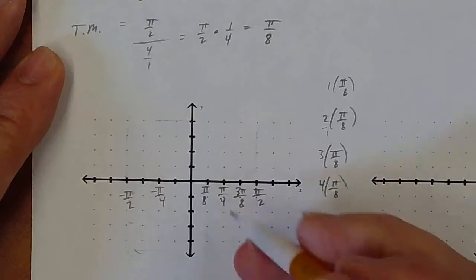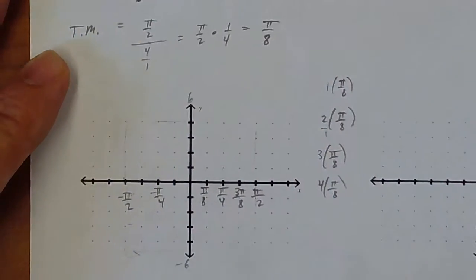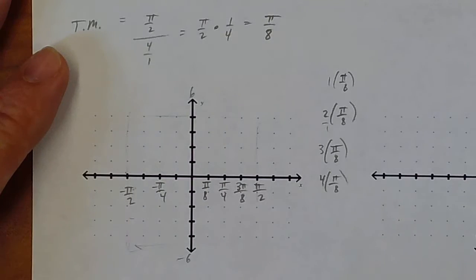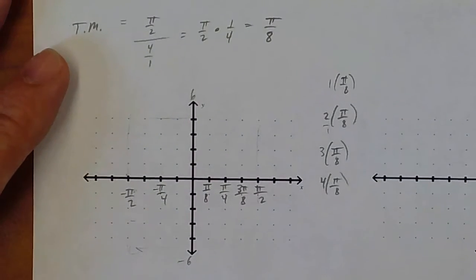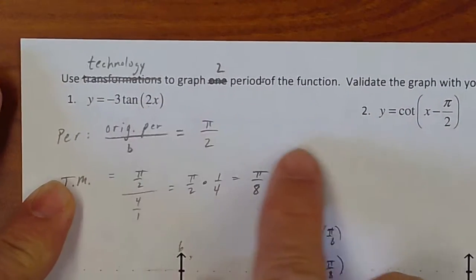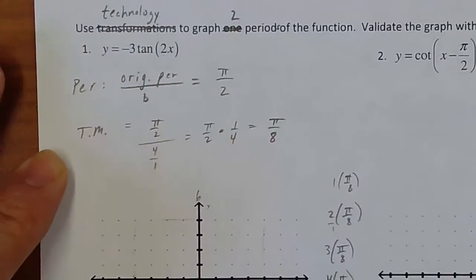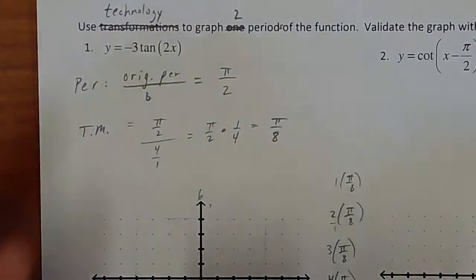Probably I'm going to go down to like -6 on my window, and then up here, Y max, +6 should be good as well. So everything's set up. This is not a reciprocal. I do have a tangent button. It's when I get to cotangent that I need to use the 1/tangent on the graphing calculator. All right, so here we go.